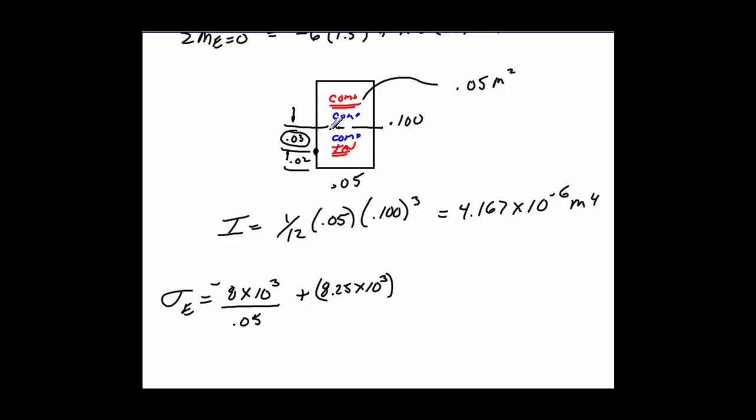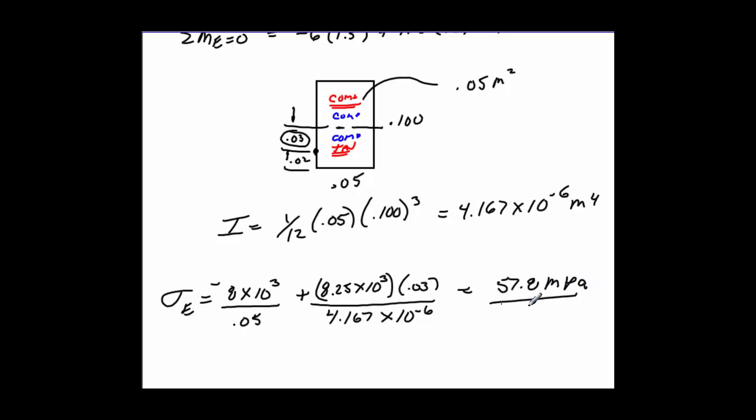The C value, this is important, C value is from here, from the center of the beam to this point. So from here to here is 0.03. And I divide by the moment of inertia, 4.167 times 10 to the minus 6, and you will get a value of approximately 57.8 megapascals.